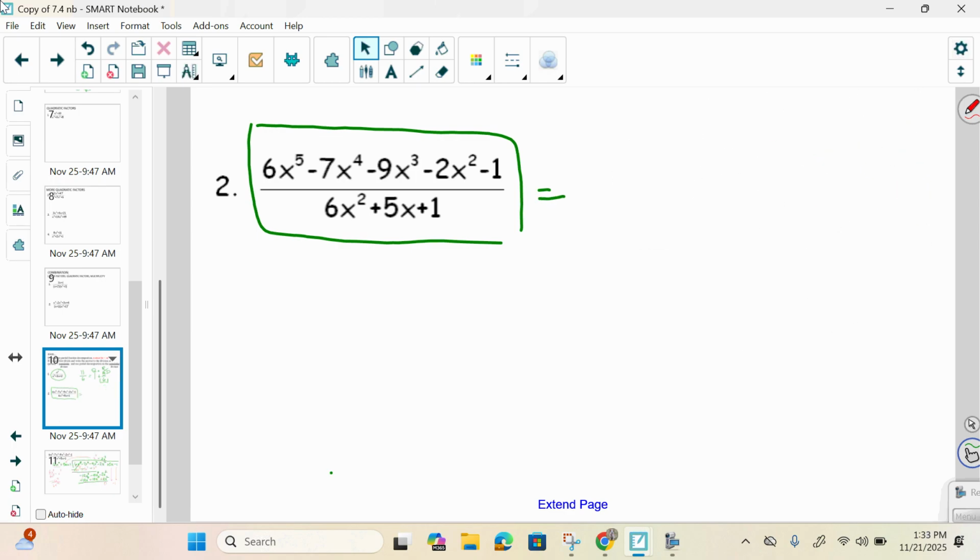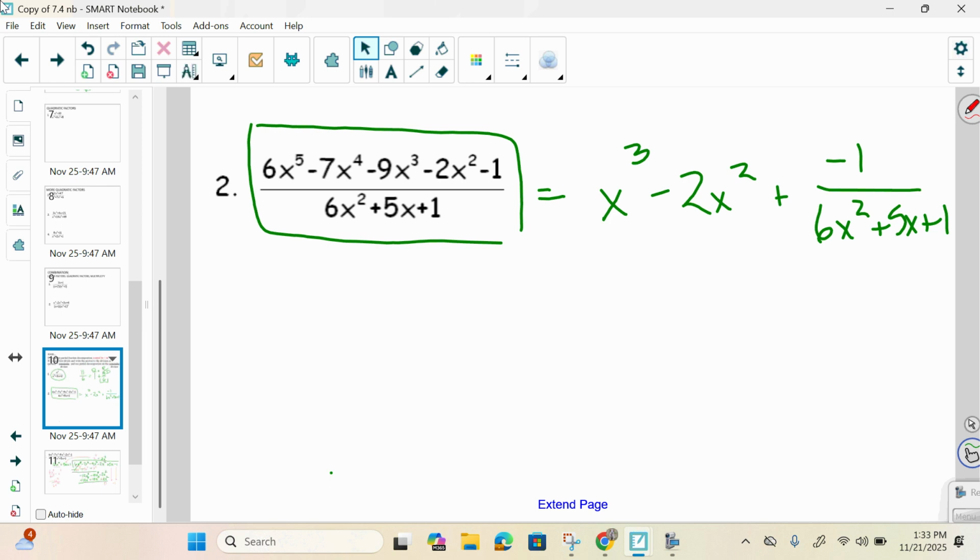I can't even remember. Thank you. X cubed minus 2x squared. So I got x cubed minus 2x squared plus negative 1 over 6x squared plus 5x plus 1. Right? That's just the long division.